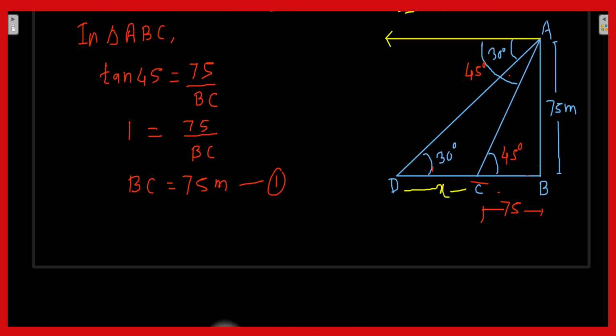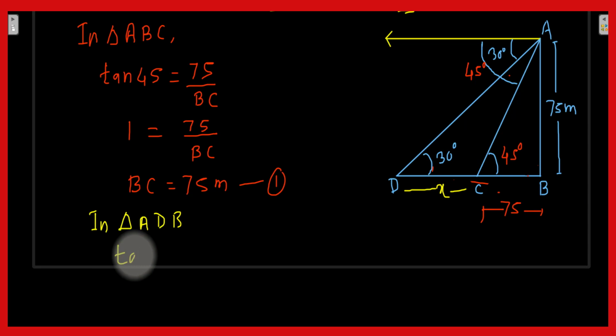So in triangle ADB, we have tan 30 equal to opposite upon adjacent. Opposite is 75 and adjacent is x plus 75, because this total distance, this is x and this is 75 meter. So total will be x plus 75 meter.